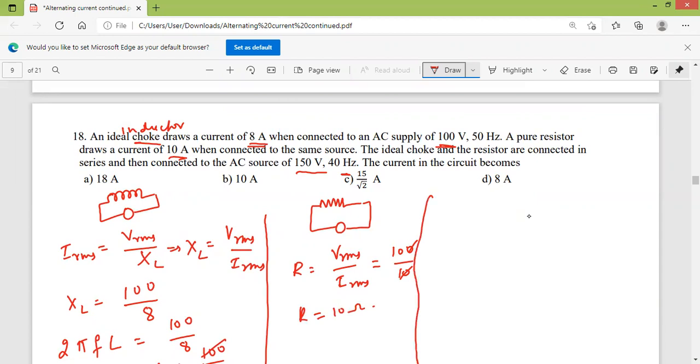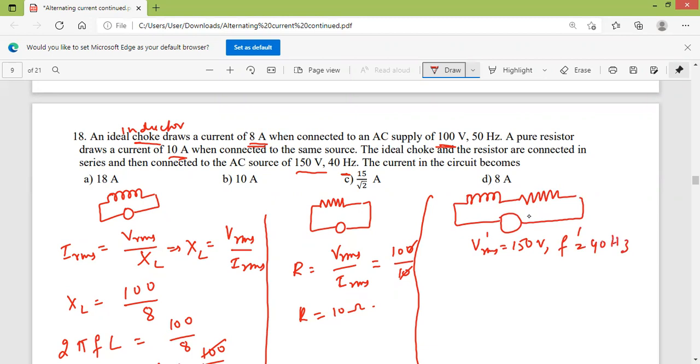In the third case, the inductor and resistor are both connected to another AC source of voltage V dash RMS equal to 150 volt and F dash equal to 40 hertz.